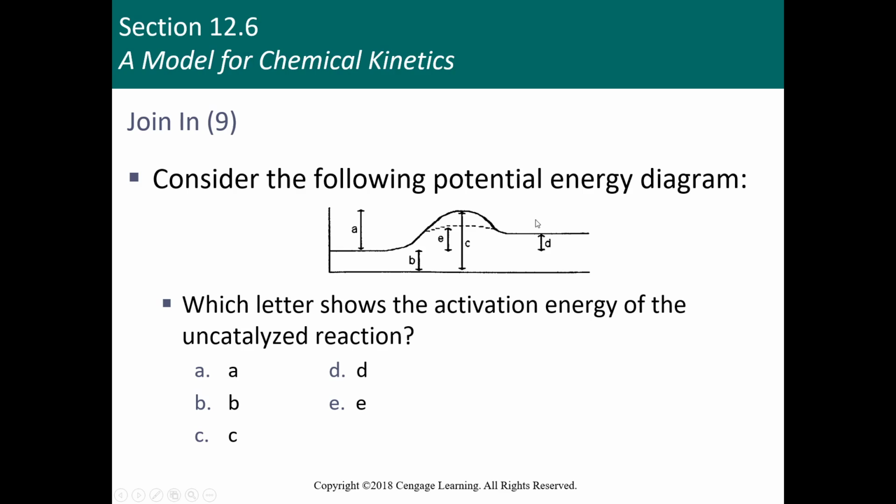And so, yes, a catalyst does increase the speed that the reaction goes both in the forward and the reverse directions. A catalyst does not affect whether a reaction will go forward or reverse. It just makes everything faster. Okay? And yes, that is an enzyme as well. Enzymes are just biological catalysts. That's what they are. So, which letter shows the activation energy of the uncatalyzed reaction?